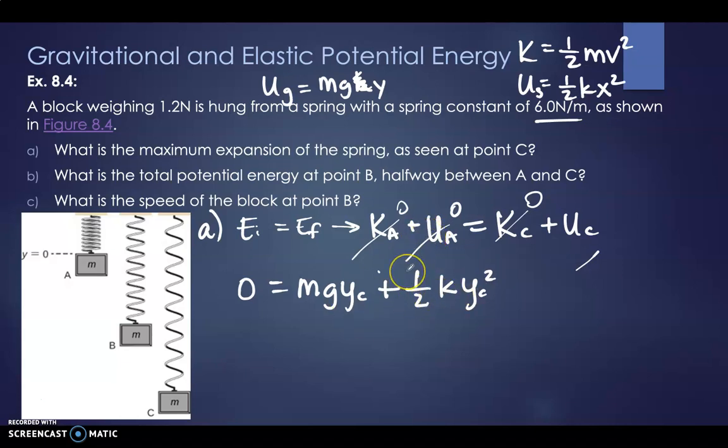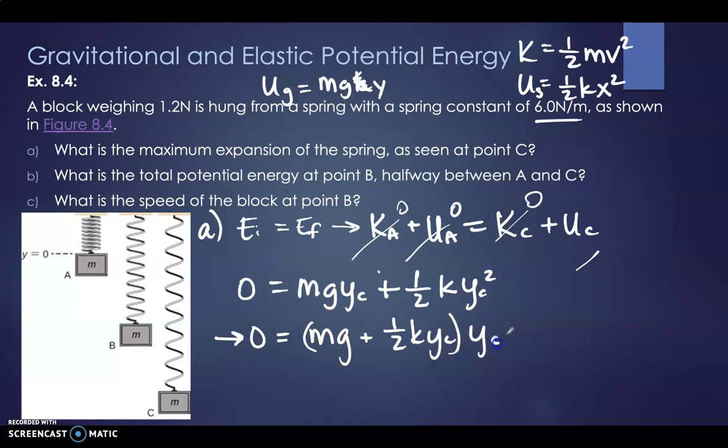All right, so now we can go ahead and solve this. We'll have 0 equals mg plus 1/2 k y sub c, where I'm pulling out a y sub c here. So this tells us that either y sub c equals 0 or this term is equal to 0.